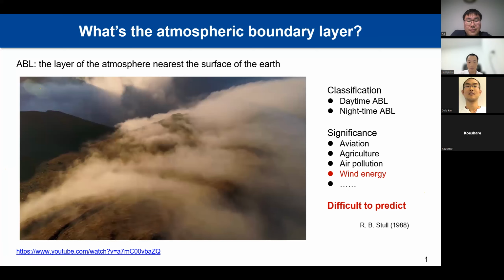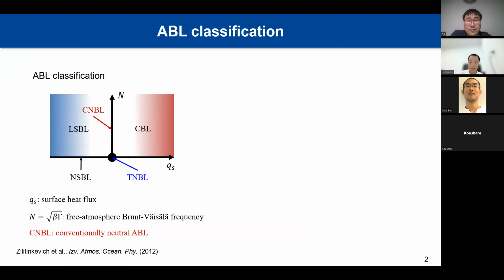So what can we do? To study the ABL flow analytically, we need a more detailed classification of the ABL. In the movie, they classified it into a stable case and a convective case only based on the condition on the surface.